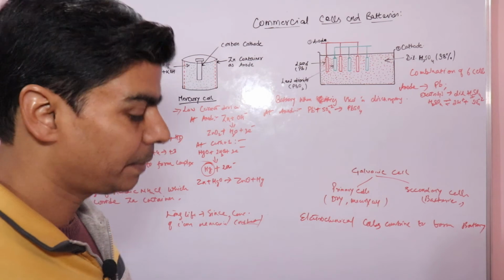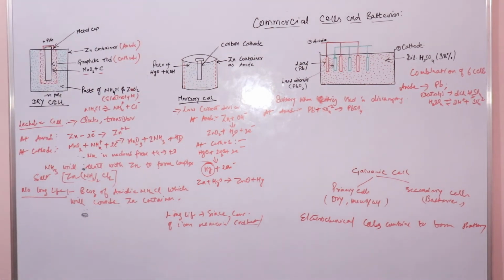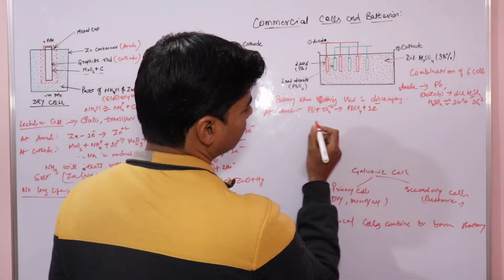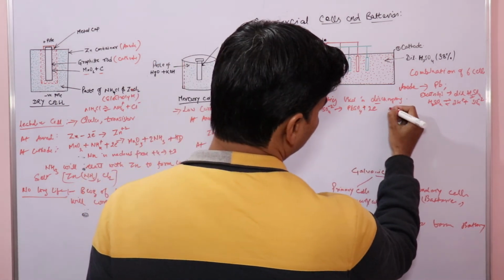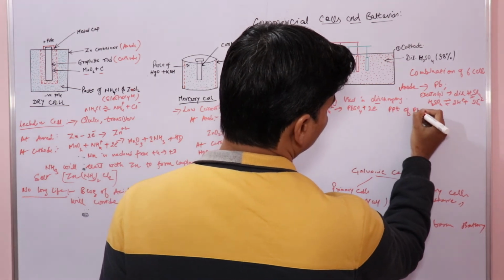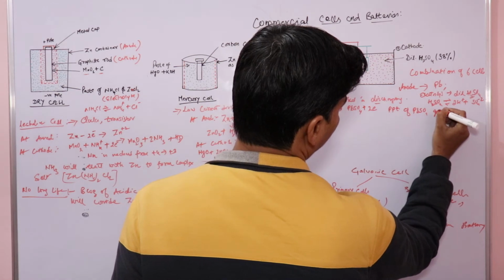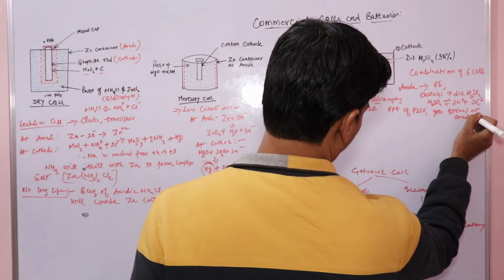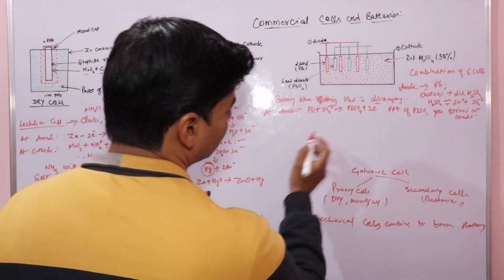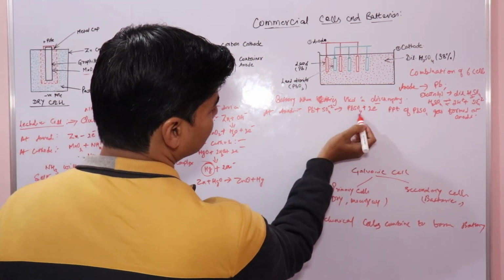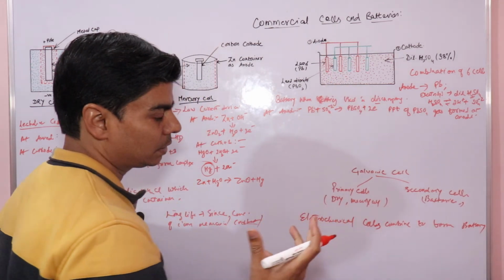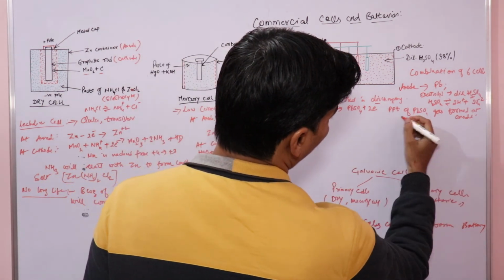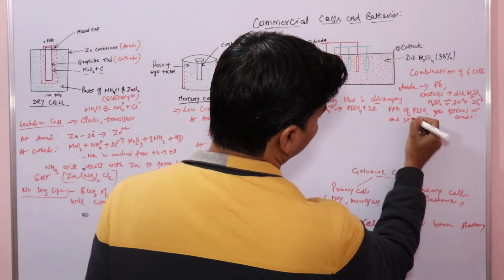So a precipitate of lead sulfate gets formed at the anode and sticks to it.